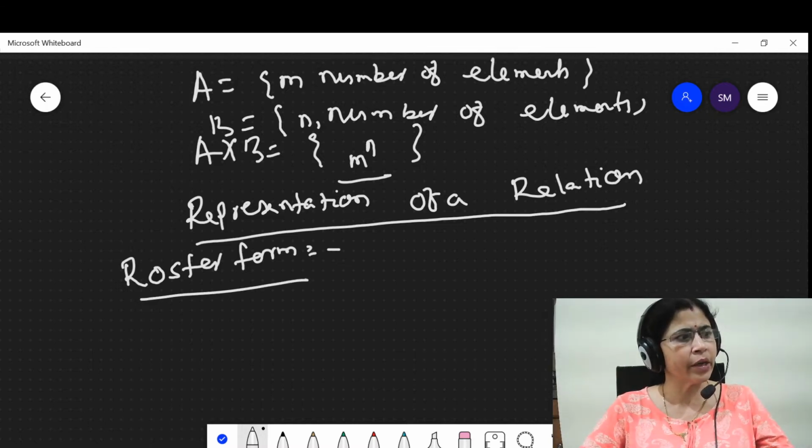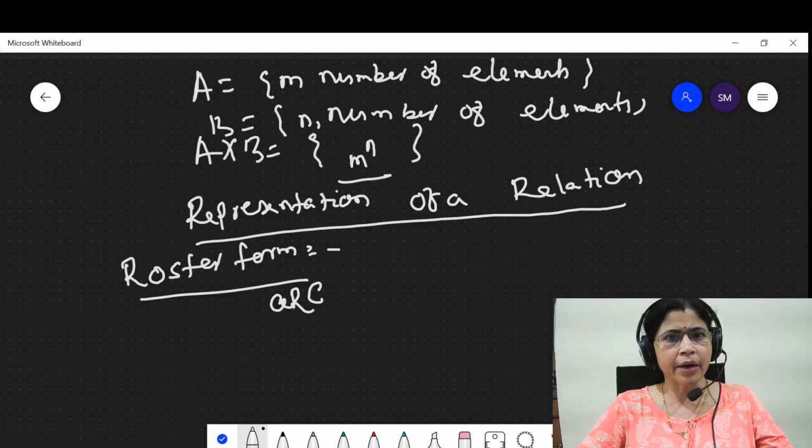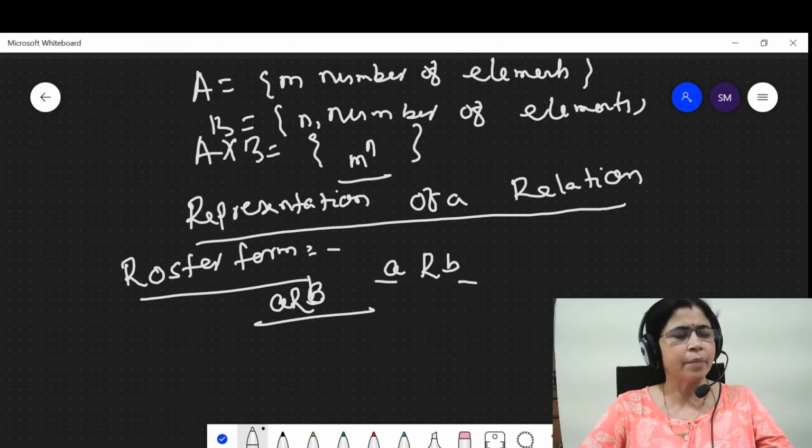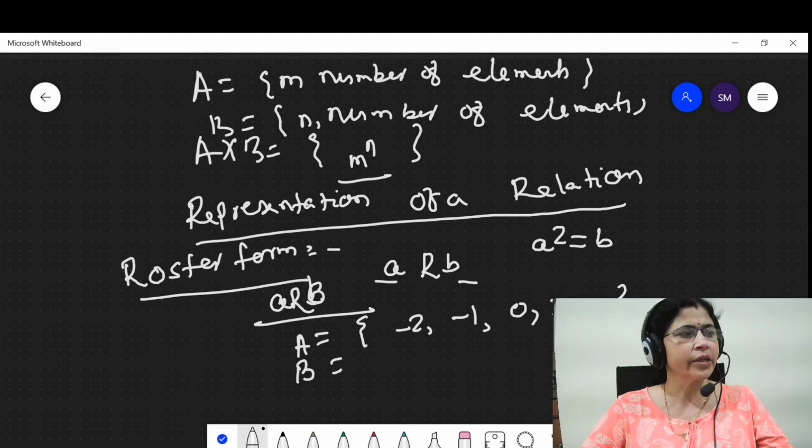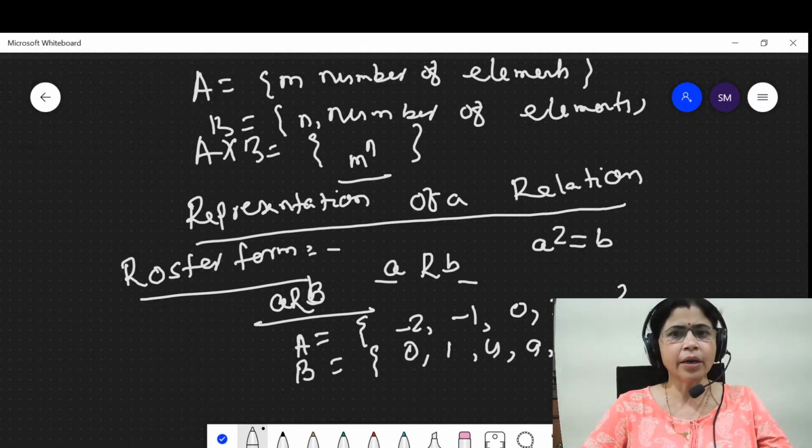The roster form is like this. If I say A and B are related, there is a relation R between A and B in such a way that a square is equal to b, then suppose A is a set of elements minus 2, minus 1, 0, 1, 2, and B is a set of elements 0, 1, 4, 9 and 10.